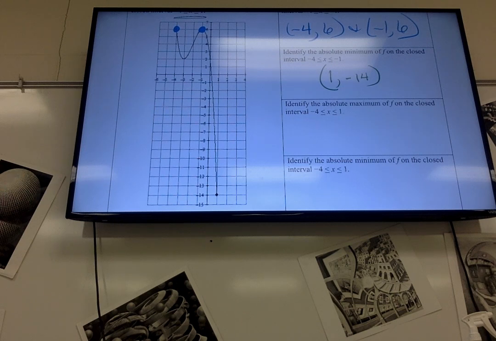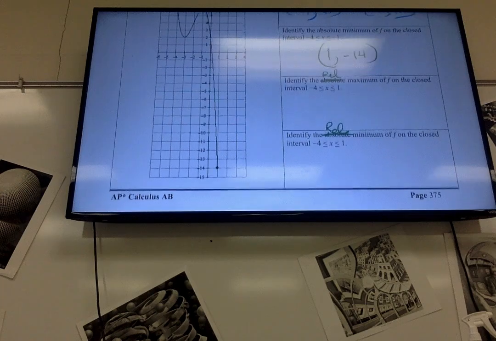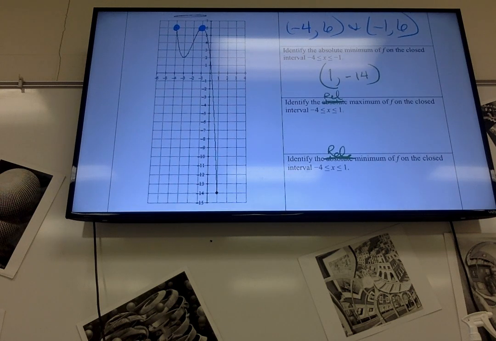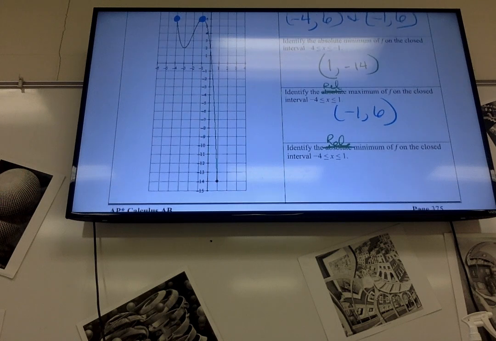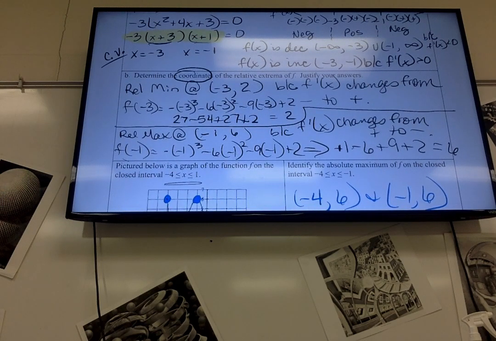Yeah, it should have said, I'll switch them down here. It's fine. So now on these, we'll do relative. Okay, so according to the picture, what's the relative maximum? Yeah. And the relative minimum. And notice that relative minimum is the same thing we found up here.